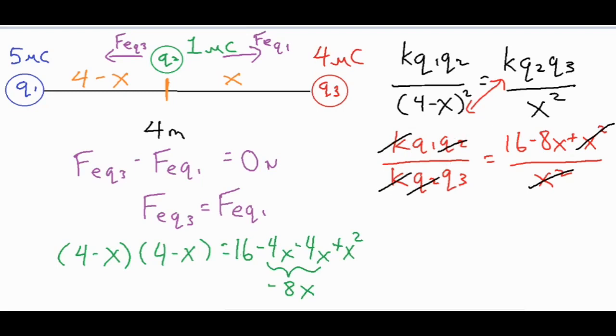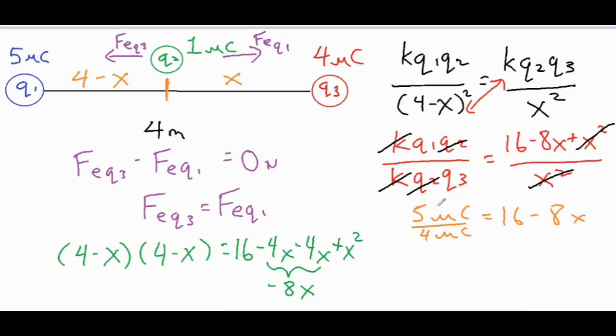So it turns out that the actual charge of the particle we're trying to place in between these two charged particles is insignificant. So it's basically Q1 over Q2, or excuse me, Q3. So we have our Q1, which is 5 microcoulombs, divided by 4 microcoulombs equals 16 minus 8x.